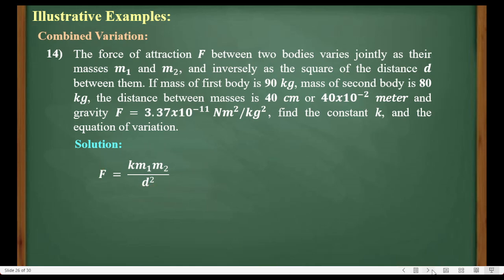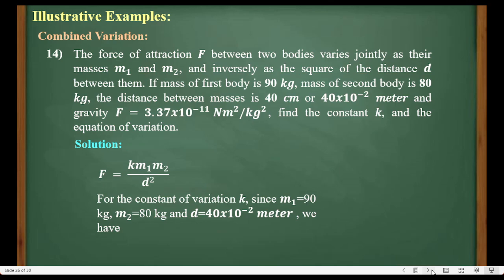And from this equation, solving for K, the constant of variation, since m sub 1 is 90 and m sub 2 is 80 kilograms, and the distance between the two masses is 40 times 10 to the negative 2 meters, we substitute. From this equation, we plug in the given values. And we have this resulting equation.